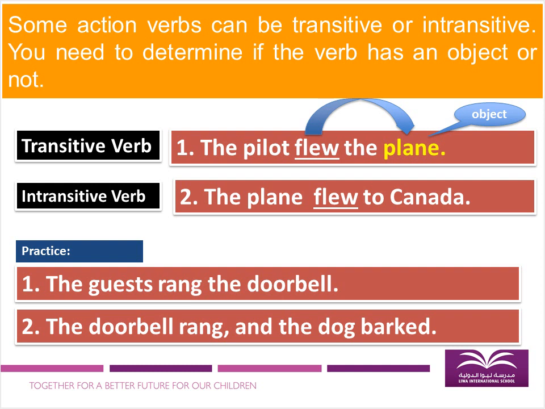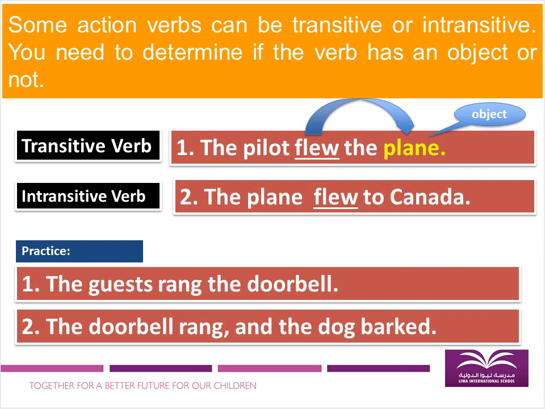Transitive verb. The pilot flew the plane. What is our verb here? Flew. Why? Because it has the receiver of the action. And what is the receiver of the action here? Plane. Plane is our object. Let us ask the question. The pilot flew what? The plane.